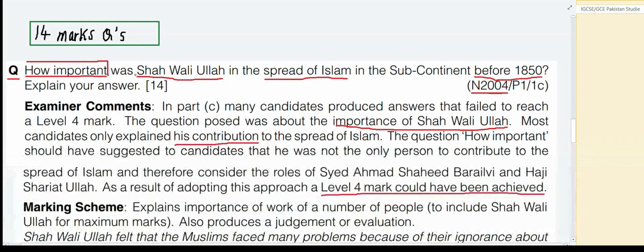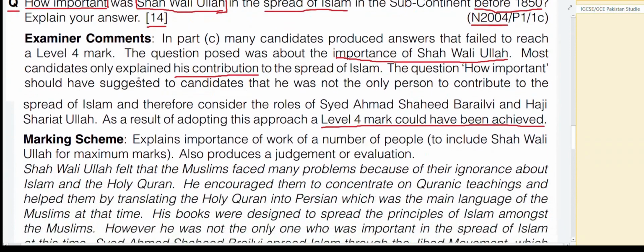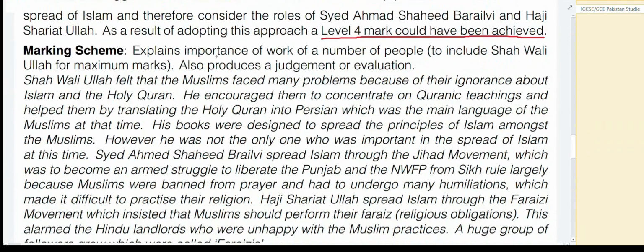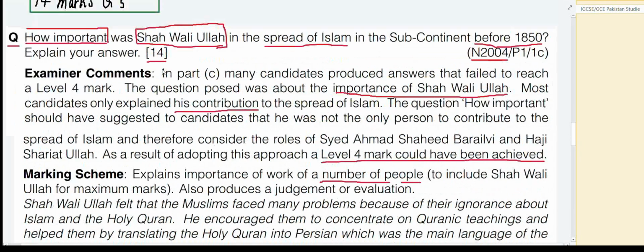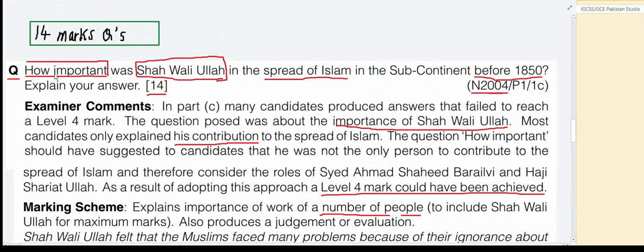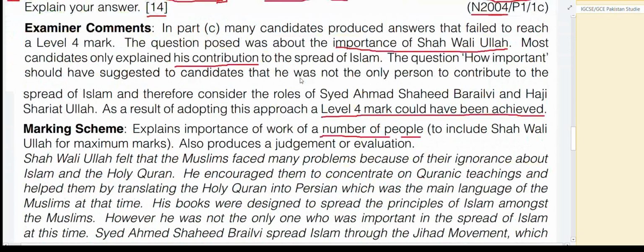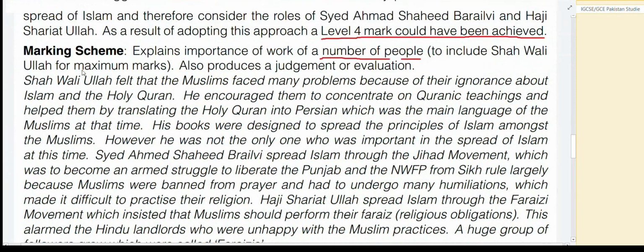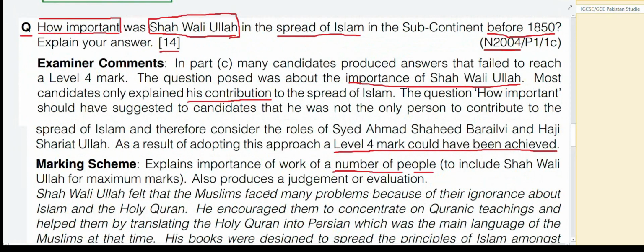Because the question is saying how important was Shah Waliullah. I hope it's clear. Another marking scheme explains importance of work of a number of people. Number of people means all three reformers, to include Shah Waliullah for maximum marks. Why maximum marks? Because in the question we are asked about how important was Shah Waliullah, right? That's why we are writing Shah Waliullah for maximum marks in the first paragraph.